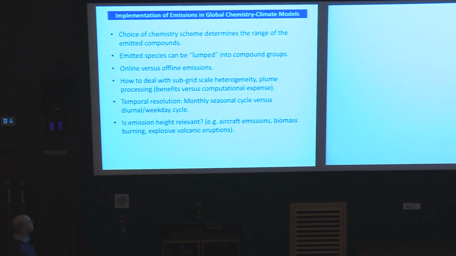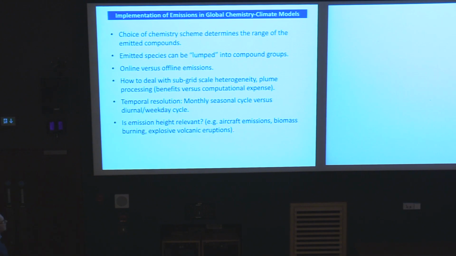diurnal or weekday cycles? And as a last point that I'm listing here is, where do you put your emissions in? We think of emissions typically to be released at the surface, so you have a 2D field, and the flux goes into the bottom of the boundary layer of your model, and the model then transports these emissions, these compounds around.